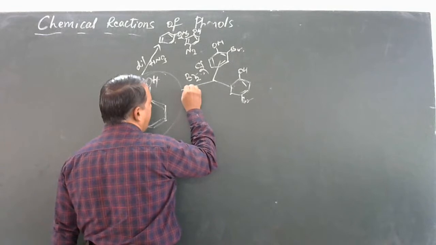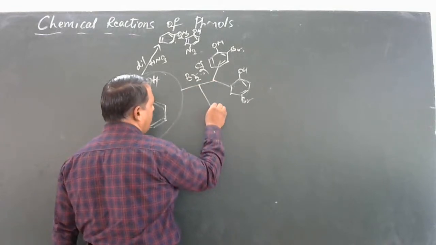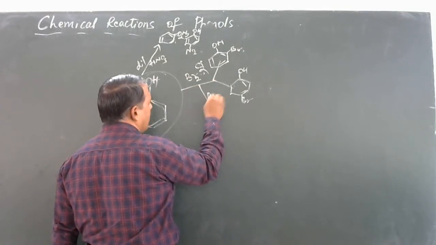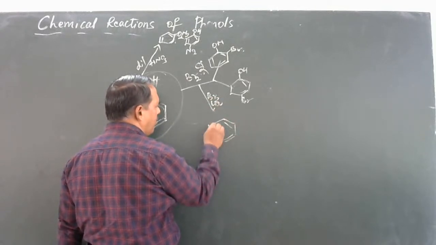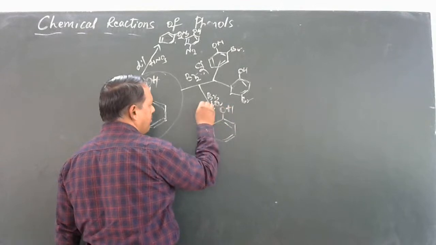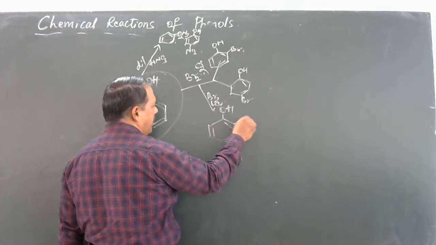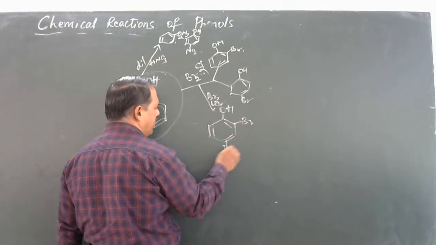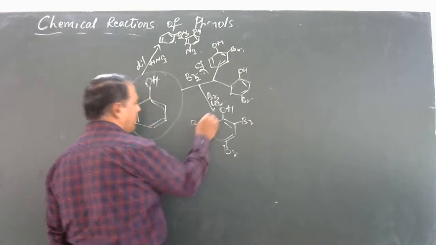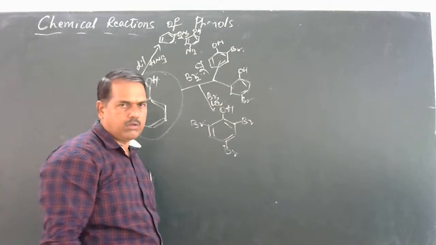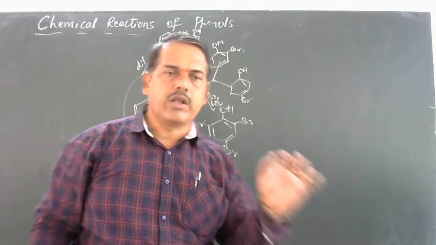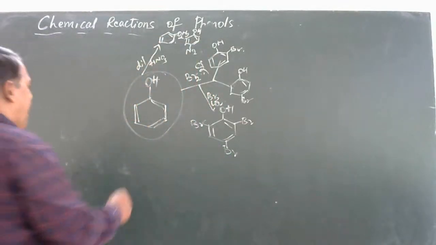Again bromination with bromine water. What you will get? 2,4,6 tribromo. It is the bromine water. So again we are here, and again here. So this is called 2,4,6 tribromophenol. Are you clear? 2,4,6 tribromophenol is obtained.